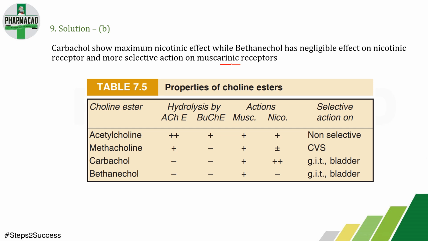This table would be easier for you all to remember. Acetylcholine gets hydrolyzed by all the esterases that we have. Methacholine has more muscarinic action and lesser nicotinic action. However, carbachol has more nicotinic effect and bethanechol has more muscarinic effect.